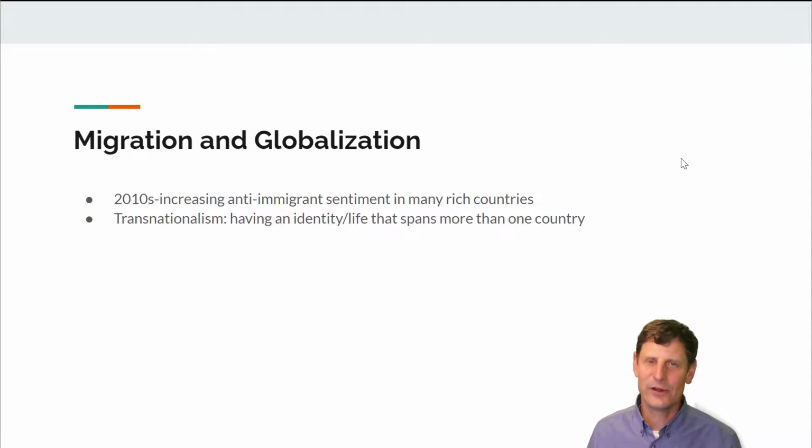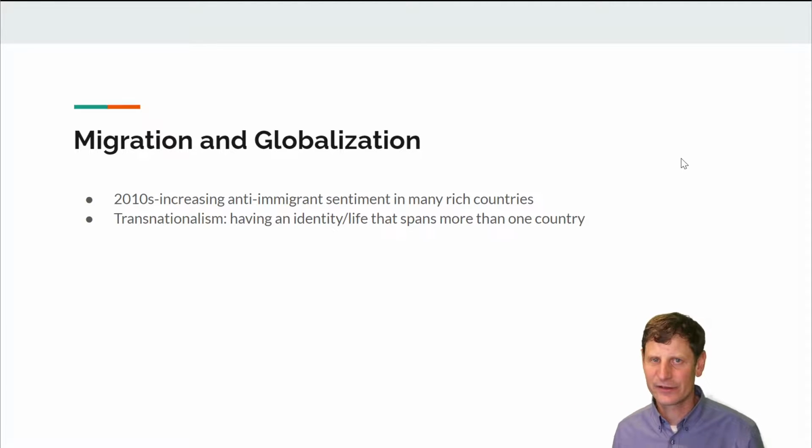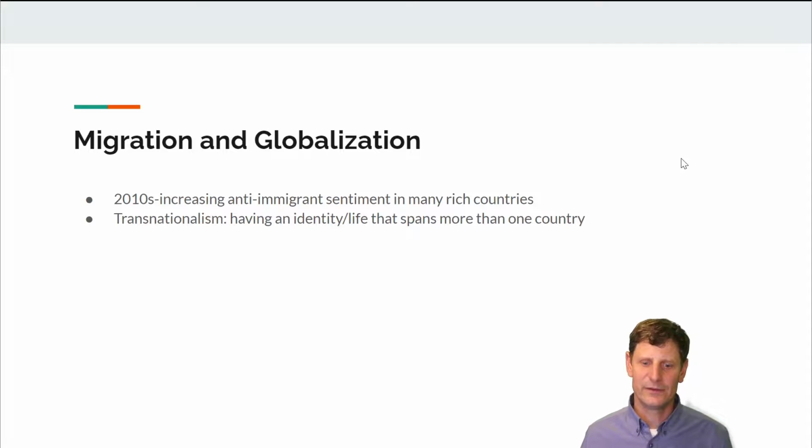There have always been people who are upset about migration or have negative attitudes about migrants or have strong political opinions about migration. That's fairly constant, but we do see that sentiment rising and falling over time sometimes.